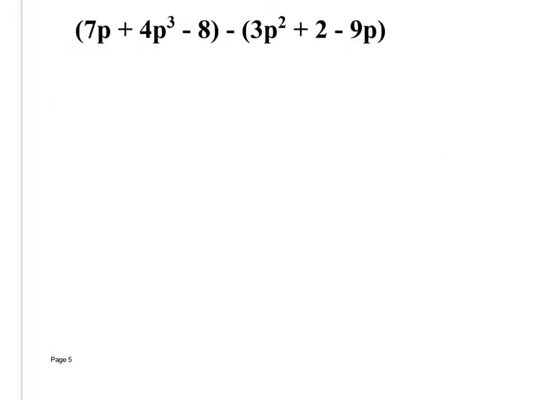All right, first thing I'm going to do is change the sign of everything on the right side. So 3p squared is now negative, the 2 is now negative, and the 9 is now positive. And then I just look for my like terms. Nothing else has p cubed.